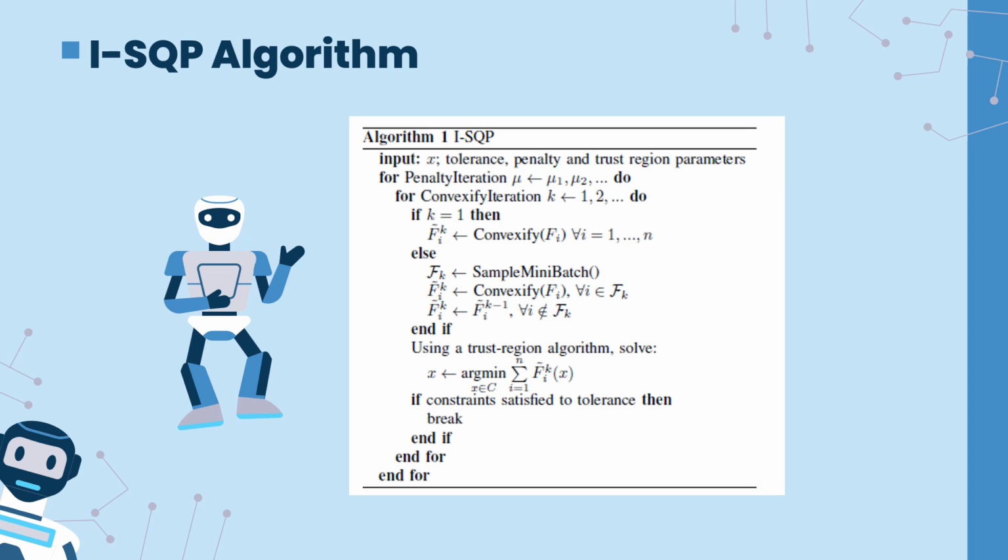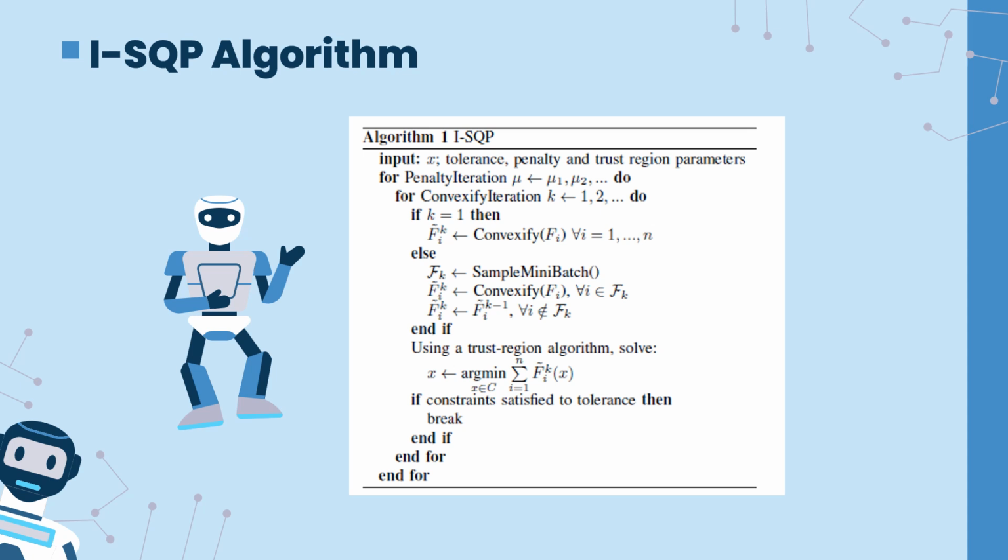The flow works like this. We take initial parameters, let's say tolerance and penalty, and in the first iteration we convexify all objective functions. Then in subsequent iterations we randomly sample a subset of functions, let's say a sample batch.